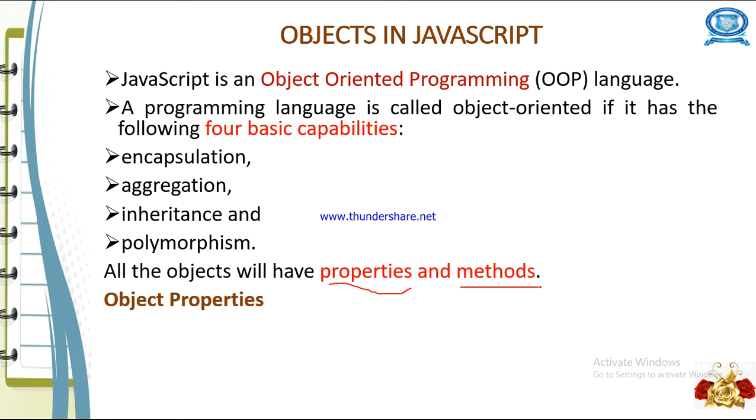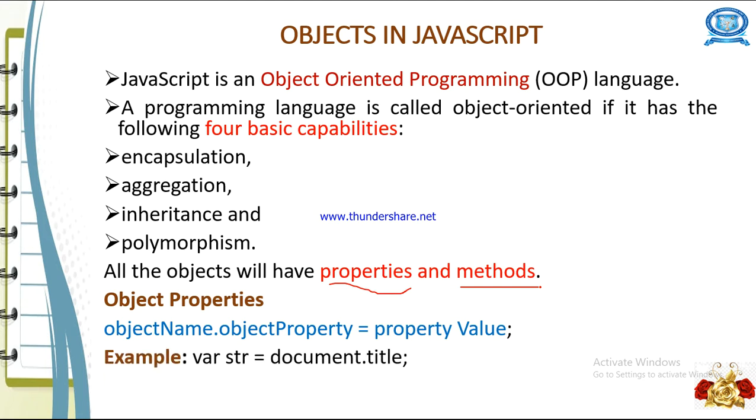So what are object properties? The syntax of the properties is object name dot object property equal to property value. This is the general syntax. For example, we have a string str equal to document dot title.